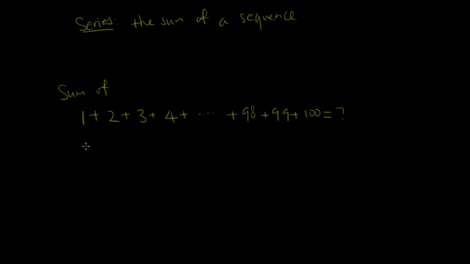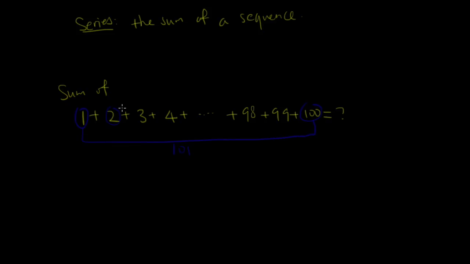Gauss had a very smart method of doing this. What he observed was, if you add the first number and the last number, you get 101.